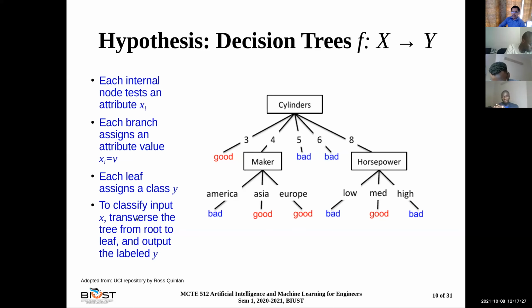To classify the input x, traverse the tree from the root to the leaf and output the label y. Okay, so here we traverse to match the input x, whatever value is assigned to the input x, whether cylinders number 4, for example. If its number of cylinders is 3, it's good.